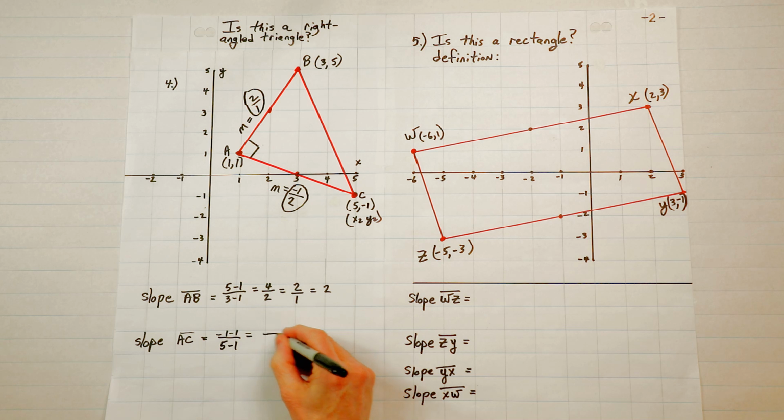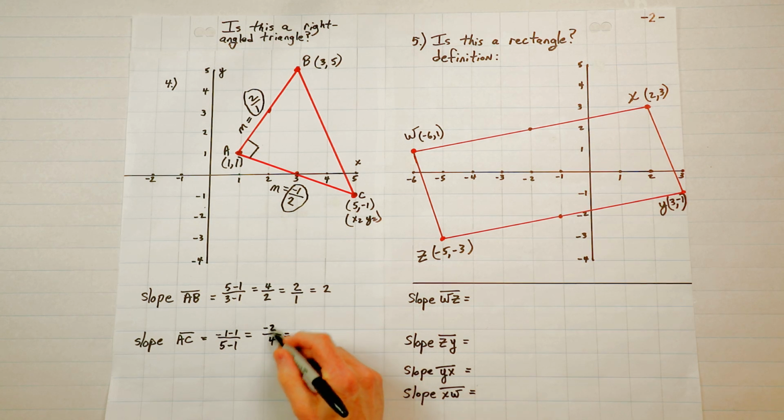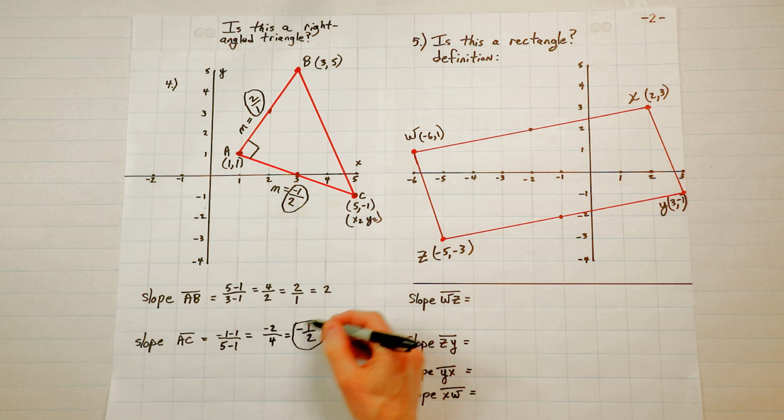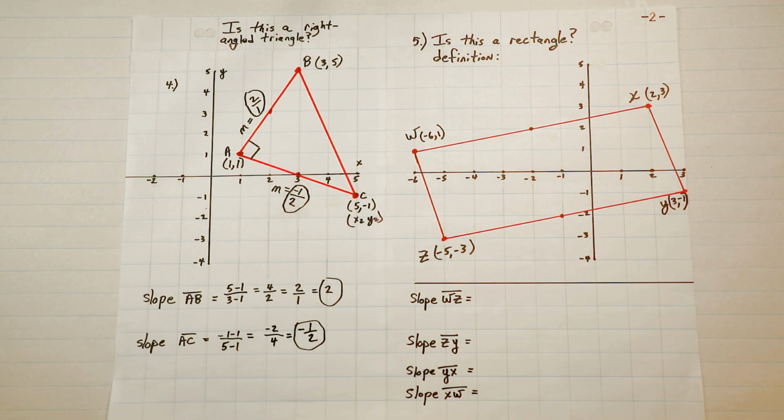So on the top, I get negative 2. 5 take away 1 is 4. And then I reduce this, I get negative 1/2. And these are the same as we got up on the diagram when we counted spaces.